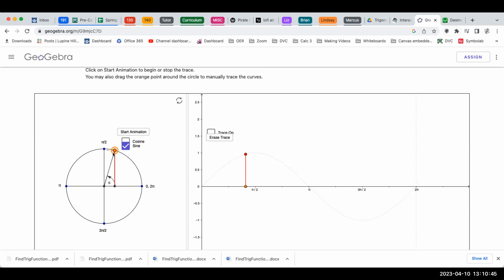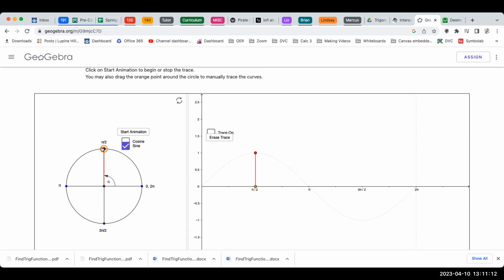So this output value is going to start approaching the Y value 1 as that angle approaches pi over 2. Once I'm at pi over 2, that Y coordinate is length 1. So on the graph, it should correspond to the point pi over 2, comma 1.